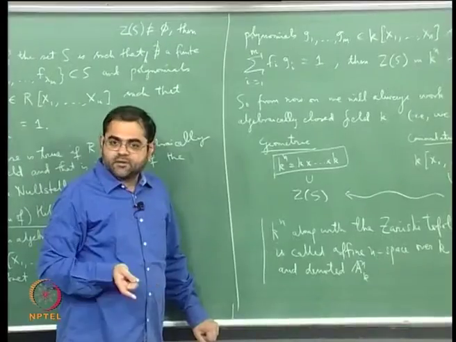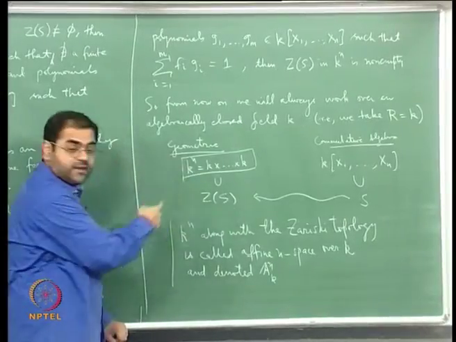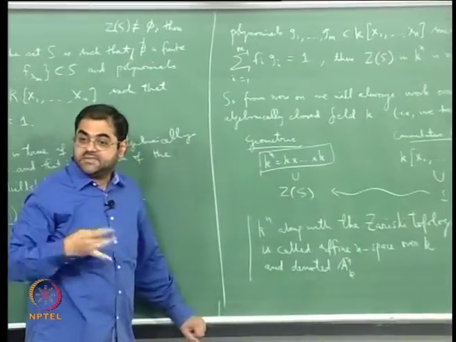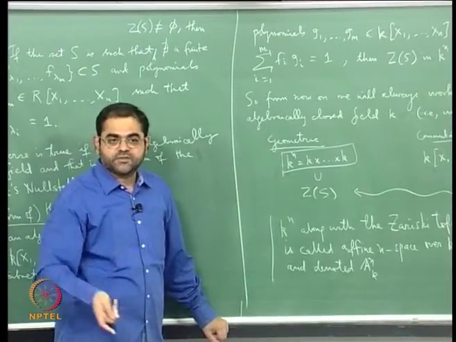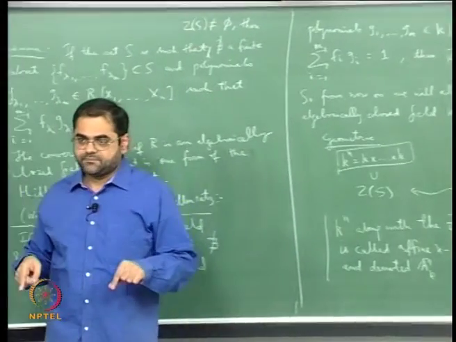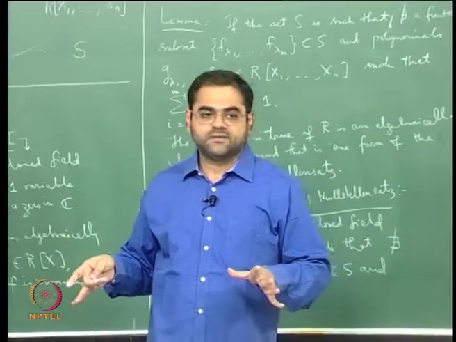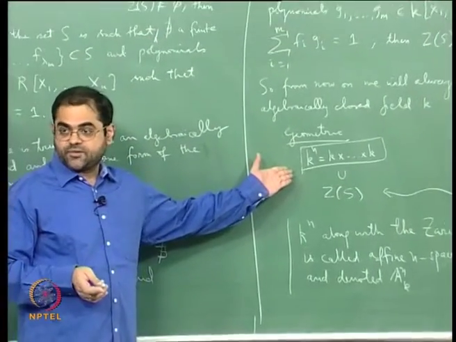So the moral of the story is that if you declare subsets of Kn of this form, common zero loci of a bunch of polynomials, to be closed sets, then you get the Zariski topology. That makes this Kn into a Zariski topological space.